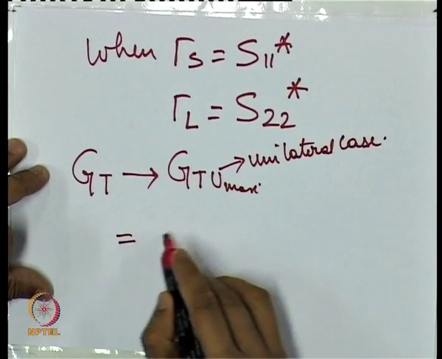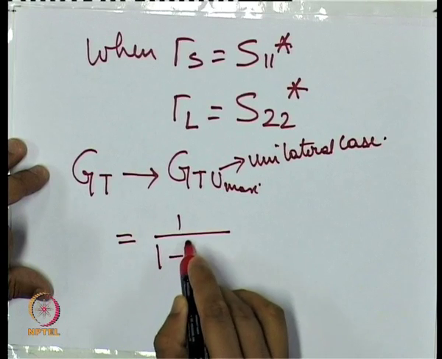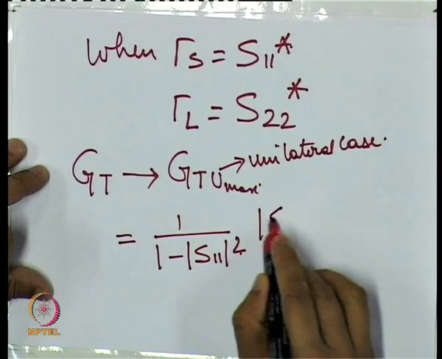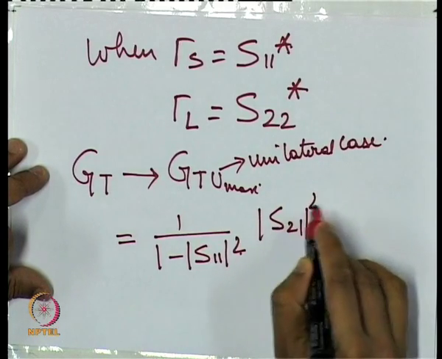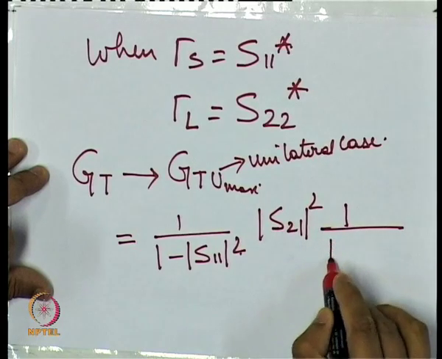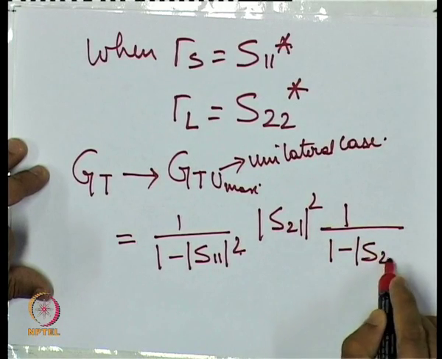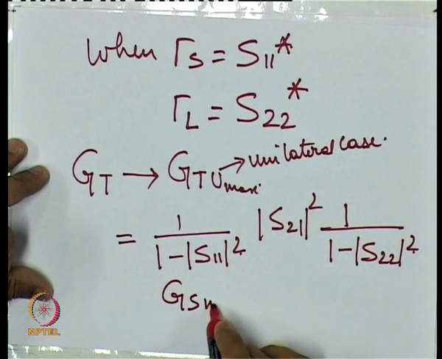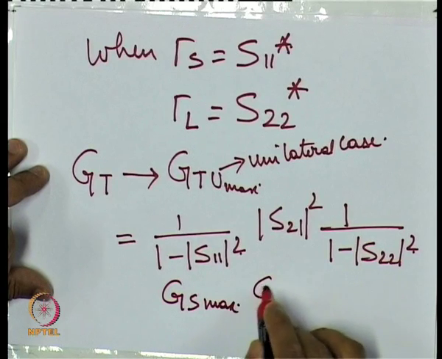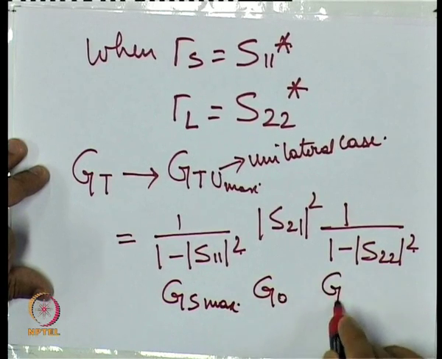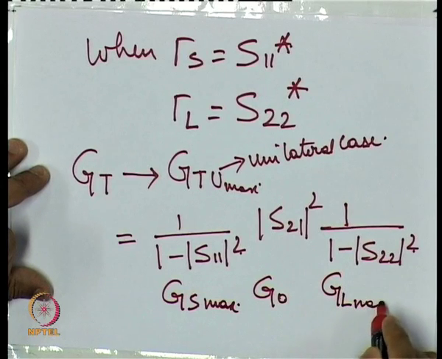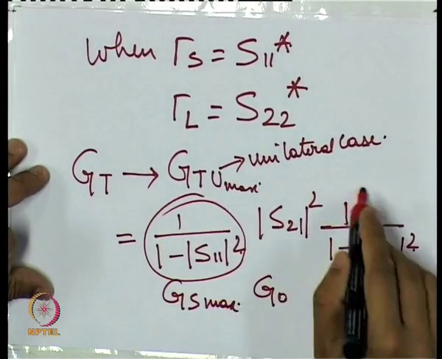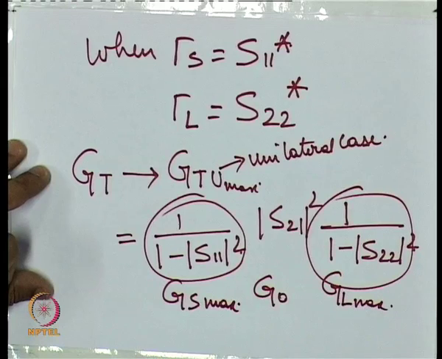So this becomes equal to 1 upon 1 minus S11 whole square, S21 whole square, so this is GS max, and GS max is equal to this value and GL max is equal to this value.